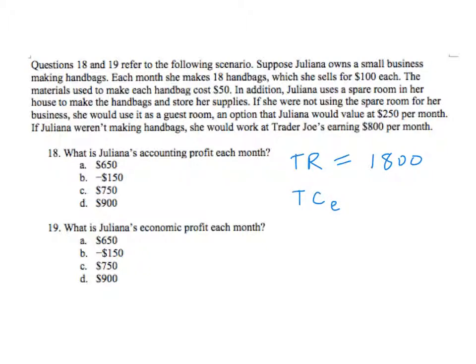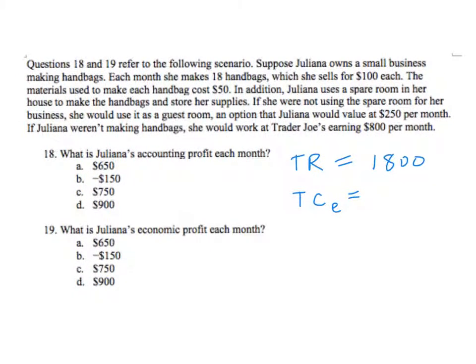It's her own labor, and she's not apparently paying herself a wage. The total explicit costs are 50 times 18, that's 900.